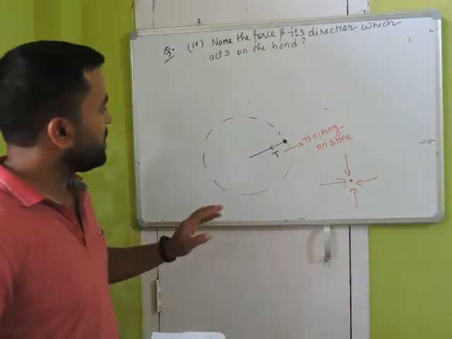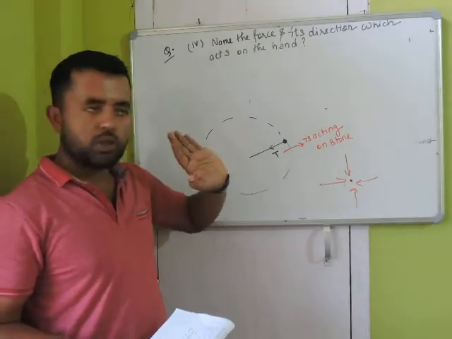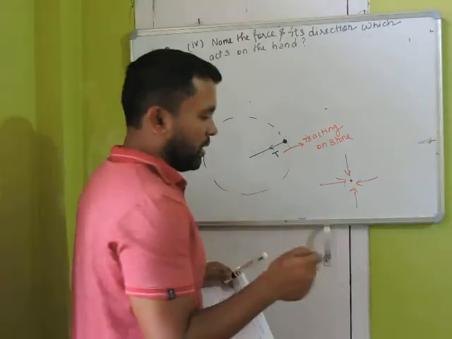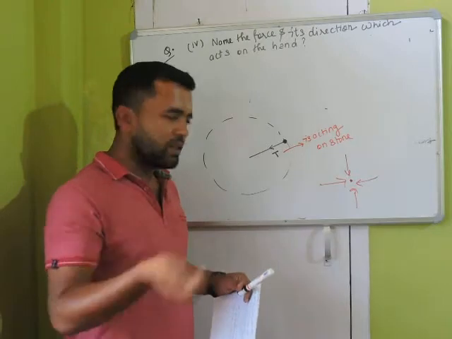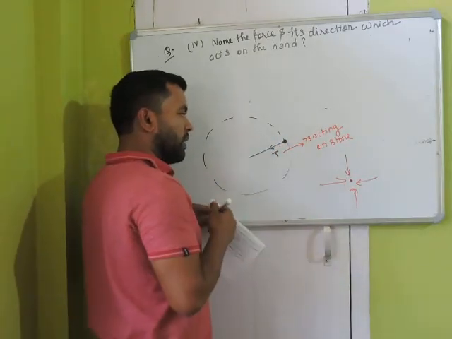See, this tension is acting on the stone. When you make the stone go in a circle, this tension is acting on the stone.